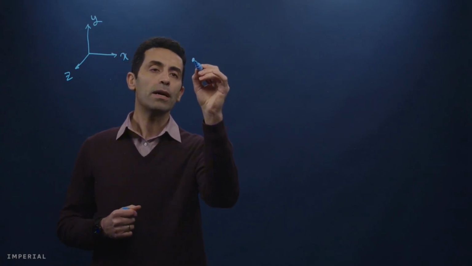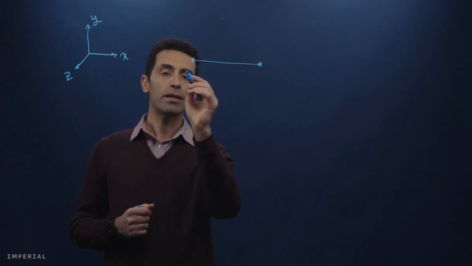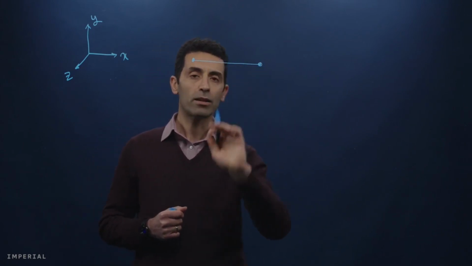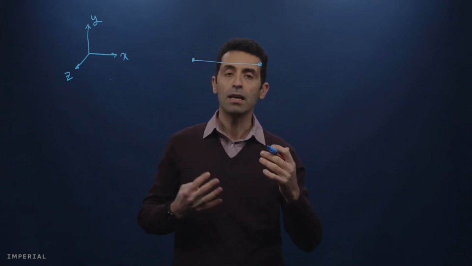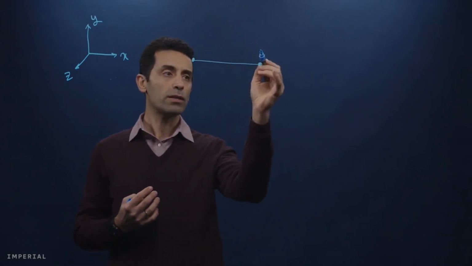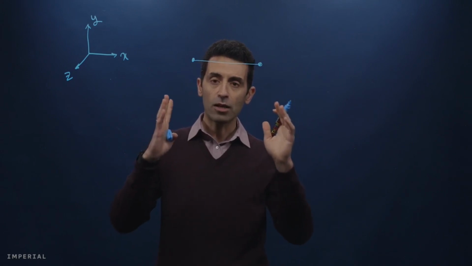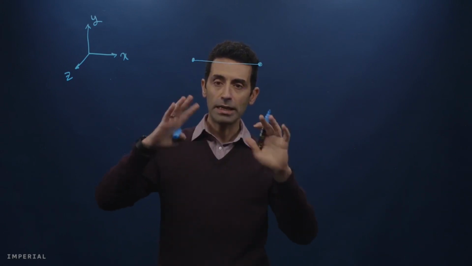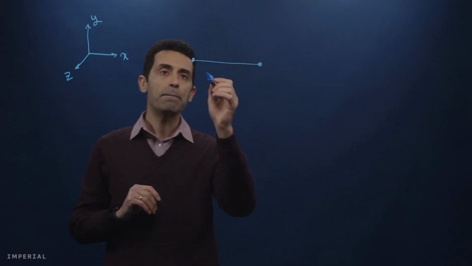So as usual, we have the beam element, which is made of two nodes, and they are connected. So this is a beam element that we use to discretize our structure. This is node number 1, this is node number 2, and for now we just concentrate on displacement in a plane, so two-dimensional displacement.